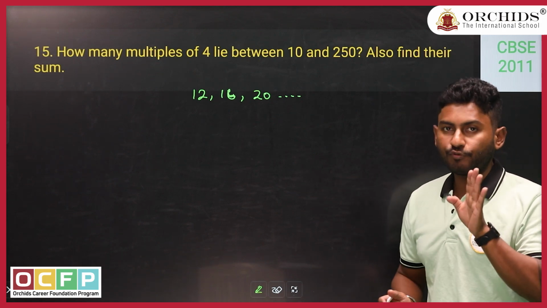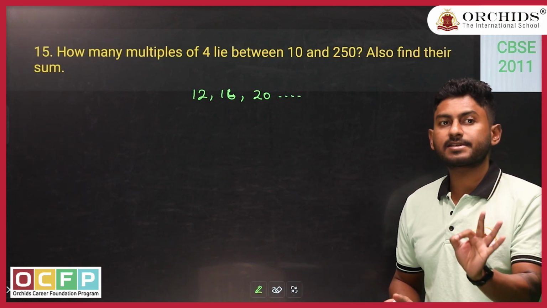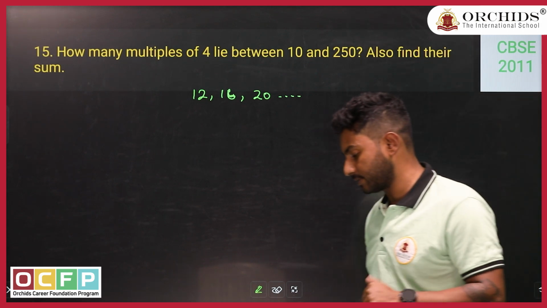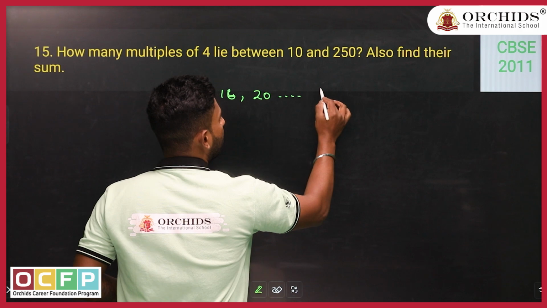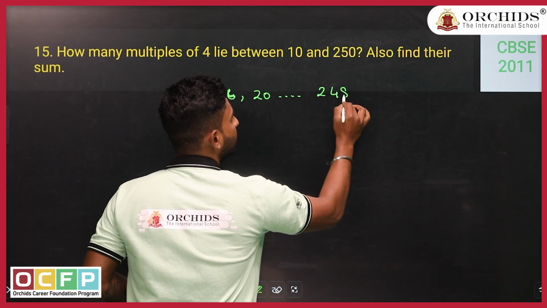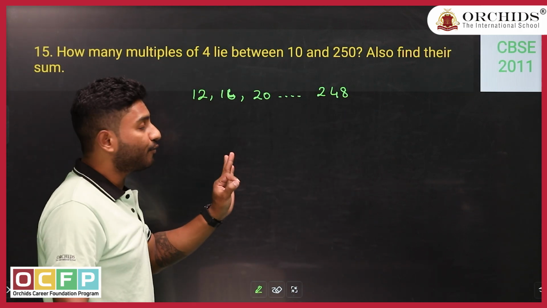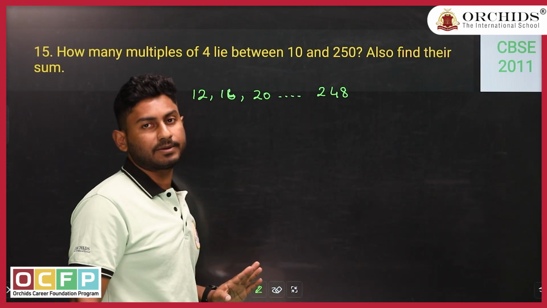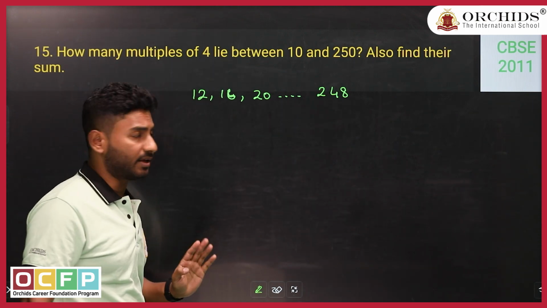So 248 is the last multiple of 4 before 250. Fine. So this is our AP here.